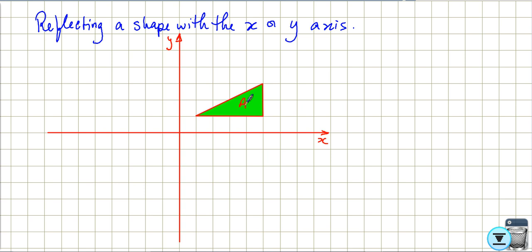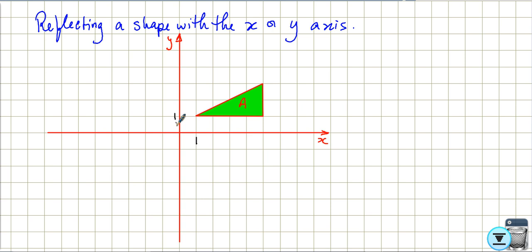Meaning that if I decide that this is 1, then this has to be 1. If I had decided that this was 2, then this is 2. I can't have different scales on different axes. So if the x-axis has a scale of 1 box equals 1 unit, then the y-axis has to have a scale where 1 box is equal to 1 unit. And that's what I'm going to use. So I'm going to say that this is 1 and this is 1.